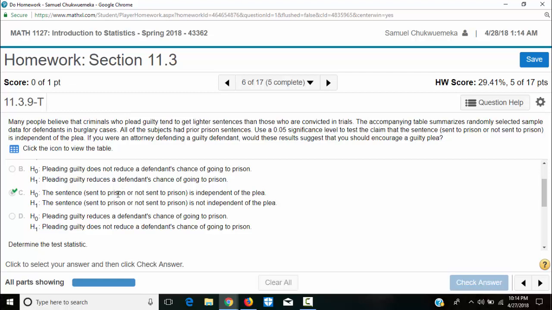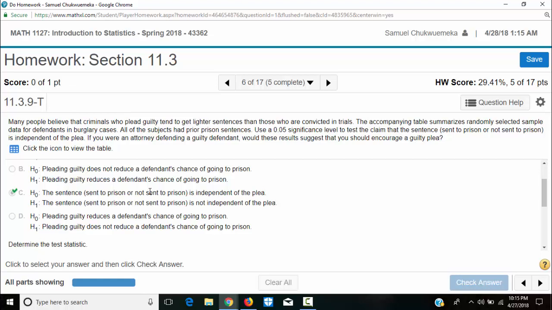Because if we did not reject the null, that means that pleading guilty is independent of getting lighter sentences. The null hypothesis is telling us that the sentence is independent of the plea. So it doesn't matter whether they plead innocent or guilty; they can get lighter or heavier sentences.